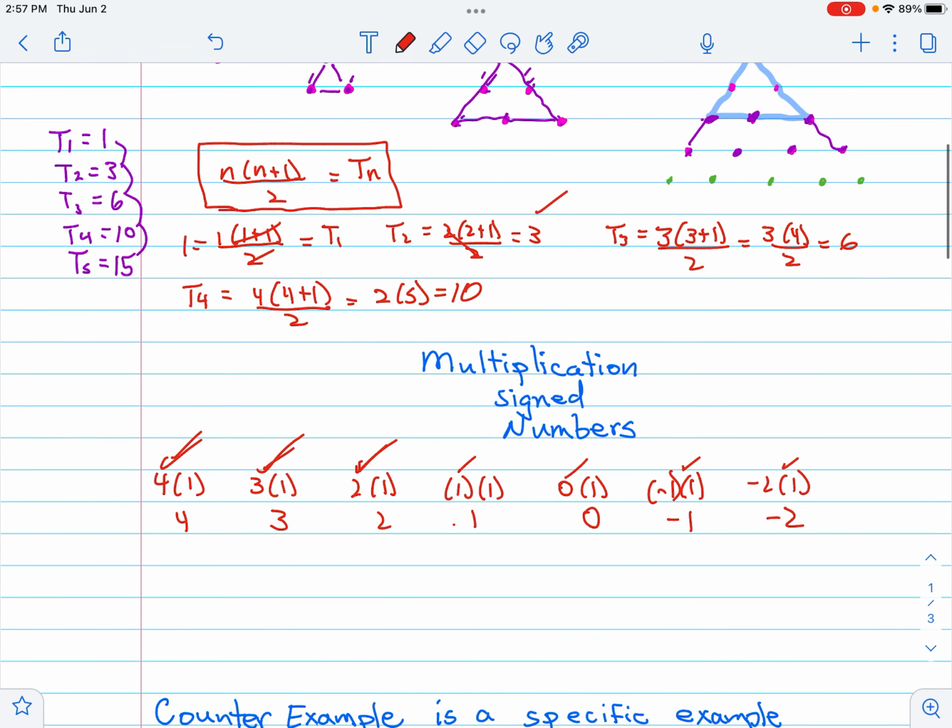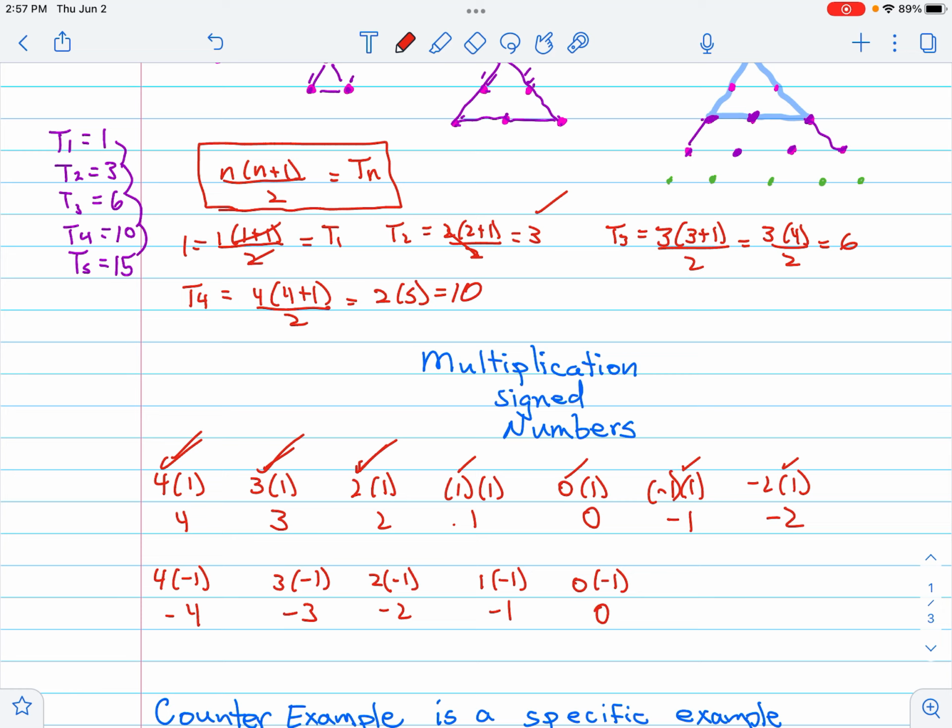Now let's suppose that we've got 4 times -1. Well, that's -4, just based on what we've just done. And then 3 times -1, that's -3. 2 times -1, that's -2. 1 times -1 is -1. 0 times -1 is 0.